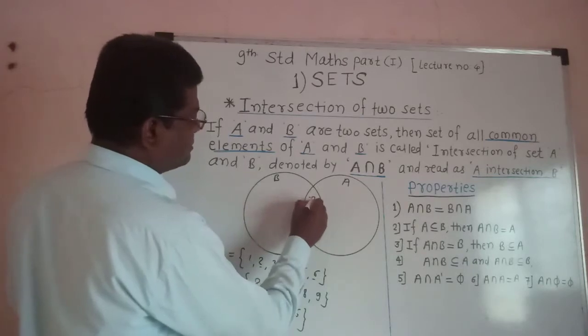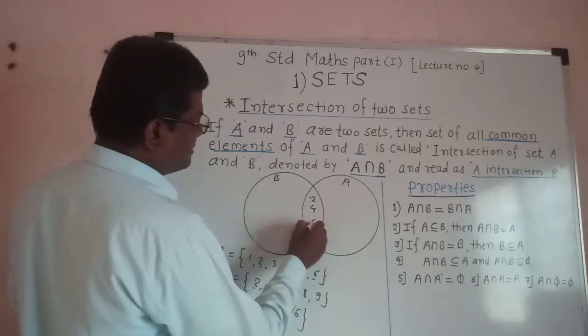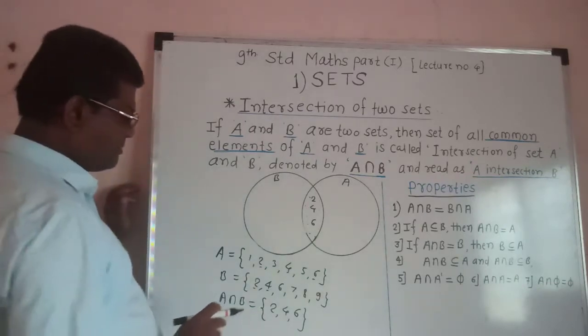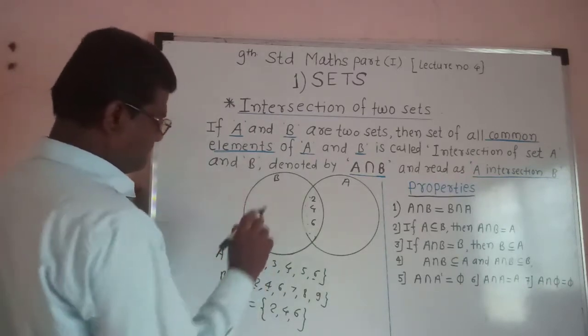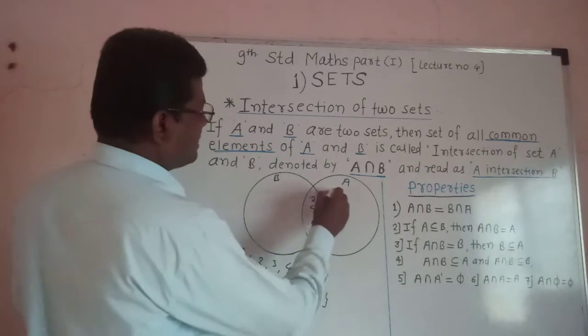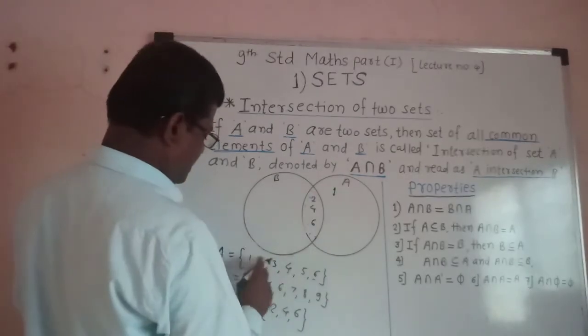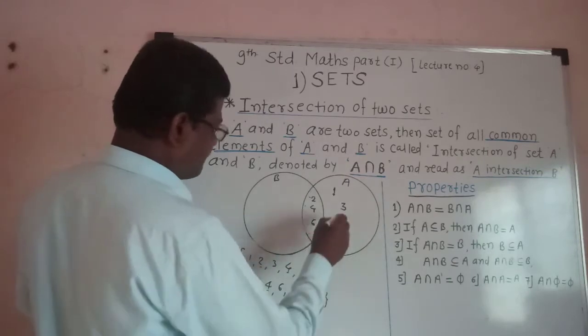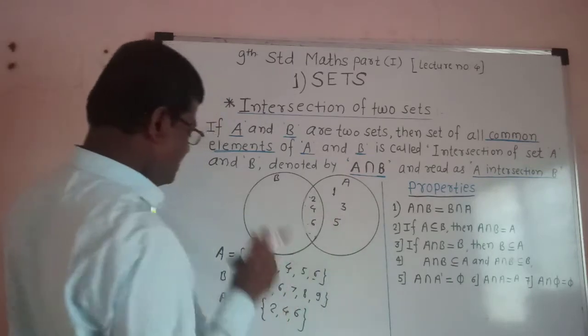Those elements are 2, 4 and 6, common elements in these two sets. So remaining elements of set A are 1, then 3, then 5.